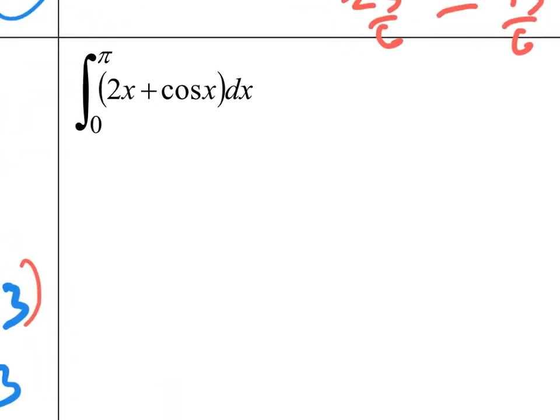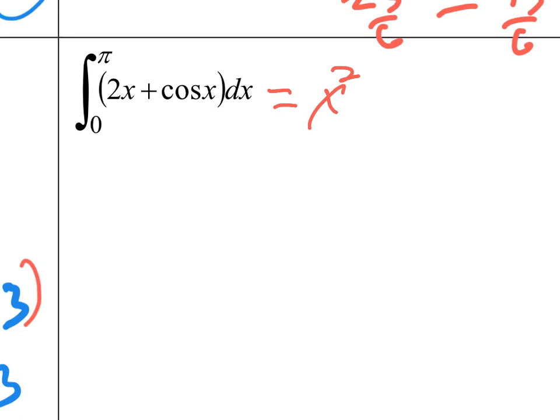Oh, yay, our friend Trig. Oh, no. It's okay, guys. There's no rewrite. The antiderivative of 2x is 2x squared over 2. That cancels out the 2, x squared. The derivative of what is cosine? Oh, negative sign? Is it negative?